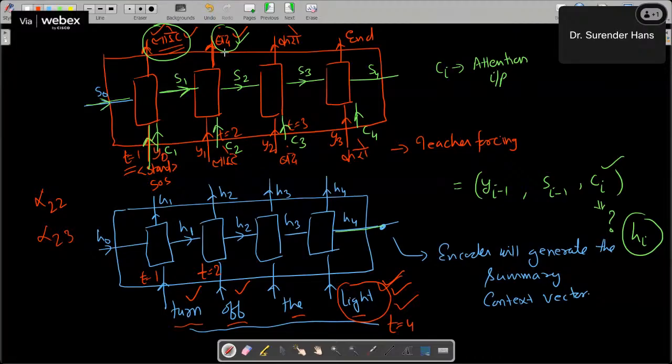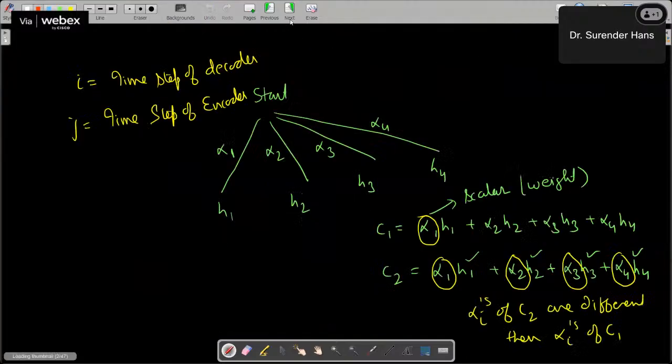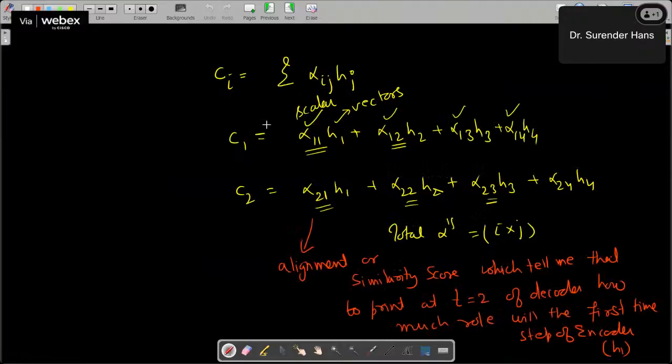Alpha 23 tells how much role the t equal to 3 time step of the encoder plays. I hope this point is clear to all of you, for alpha 11, alpha 12, alpha 13, all the alphas.